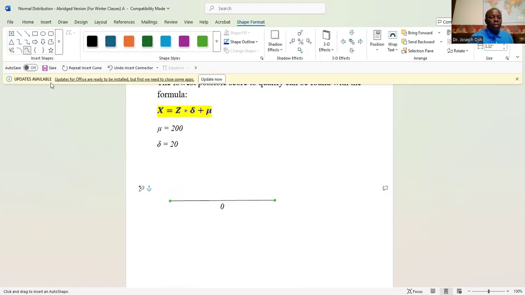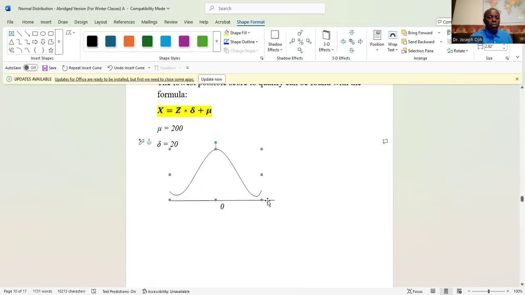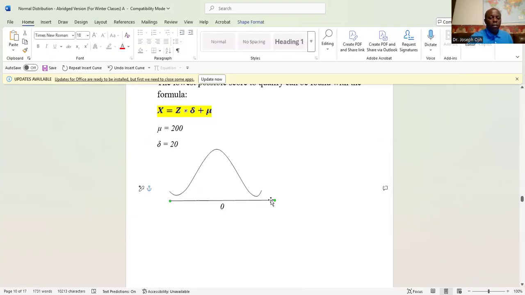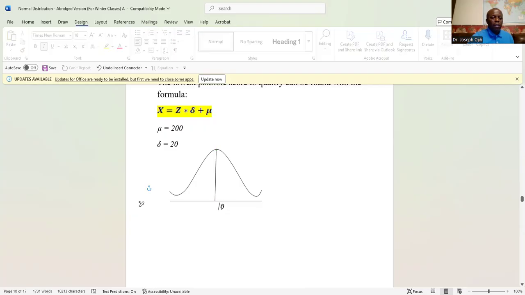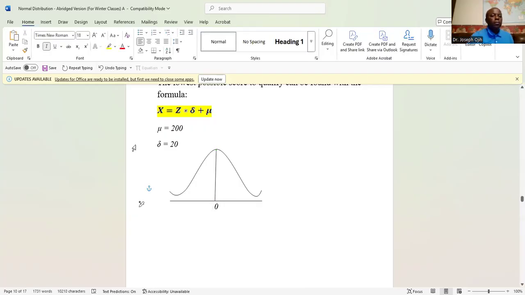Then I can draw the bell curve. See the center line.